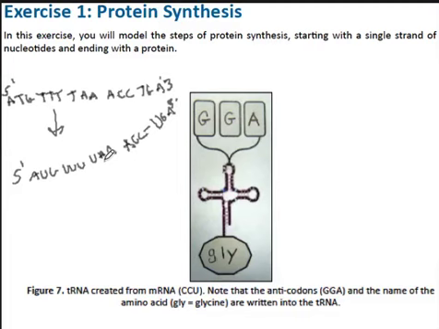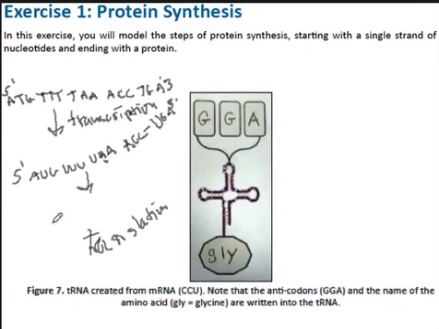Now I have to start building the protein. So this part here is transcription. Next part is translation. So AUG would be methionine.